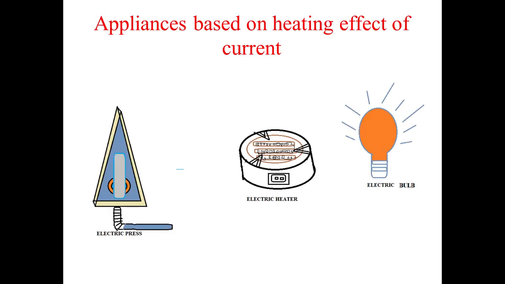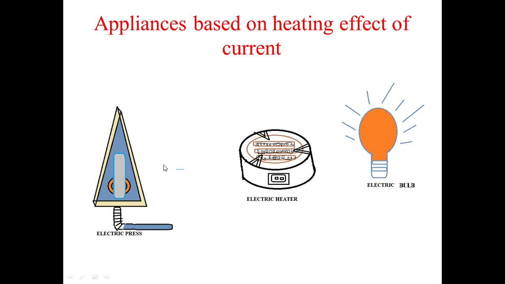You can see here there are some appliances which are shown on your screen, and these appliances are based on heating effect of current. These are electric press, electric heater, electric bulb. They all contain a high resistance metallic wire, which on passing electricity heats up and glows and gives heating.